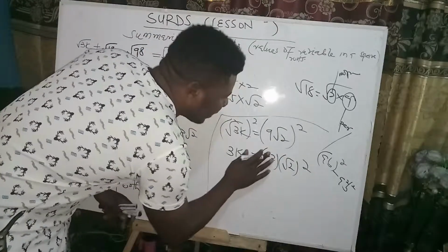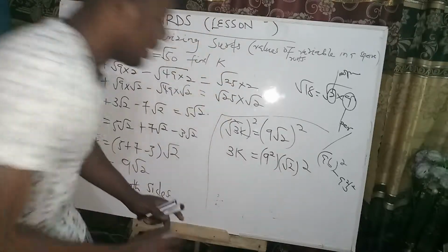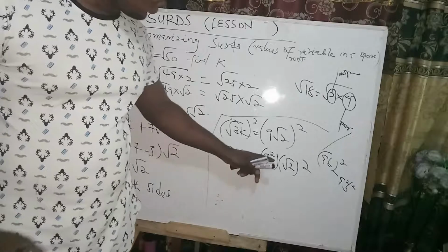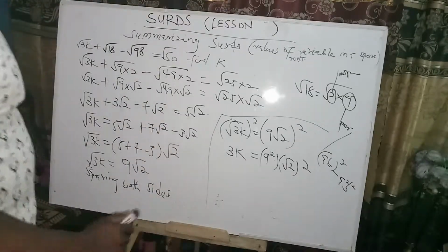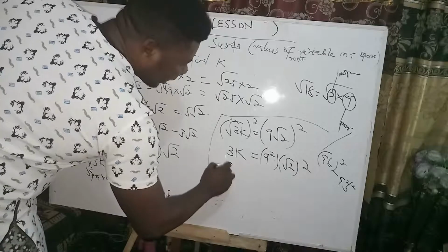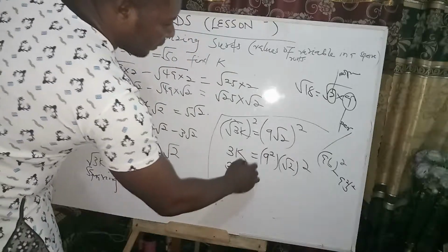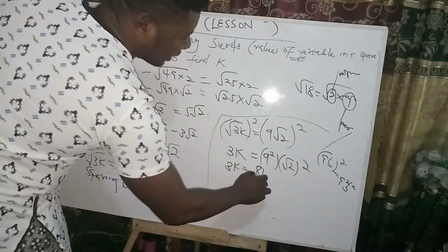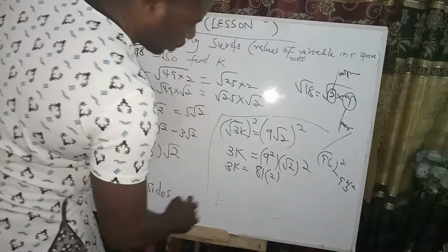So it is 9 squared times root 2 squared. Take it very carefully. So 3k equals 9 exponent 2 times root 2 exponent 2. 9 exponent 2 gives us 81, and root 2 exponent 2 gives us 2.